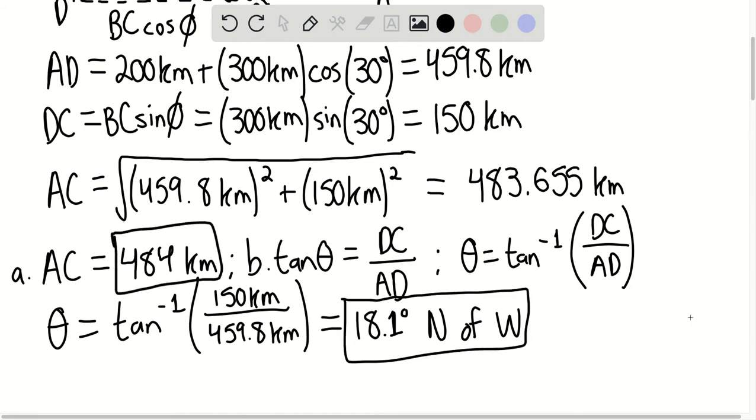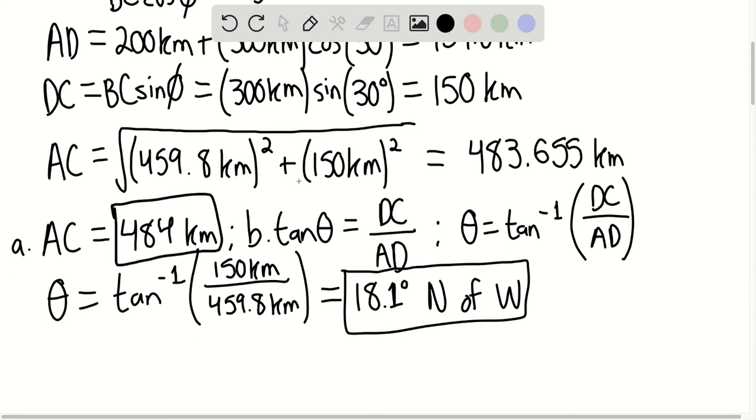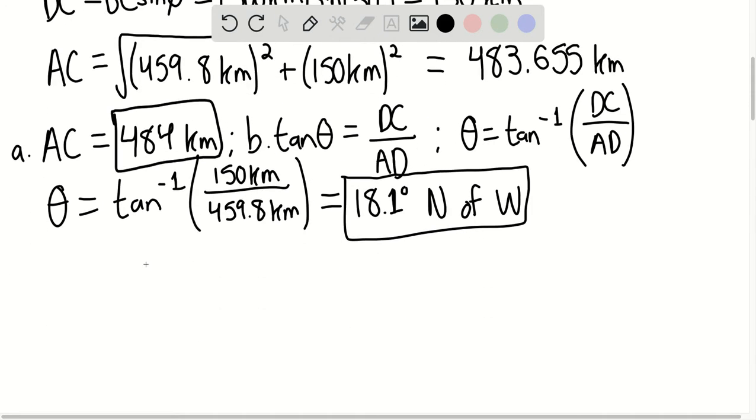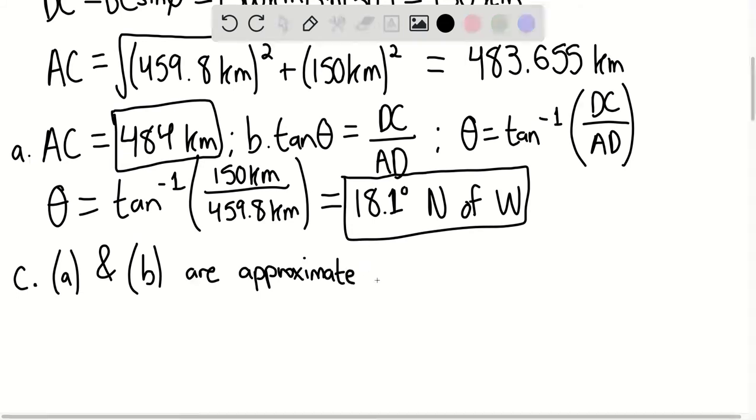And part C, we know that the answers calculated in part A and part B are approximately correct. This is only because we're dealing with distances that are significantly large.